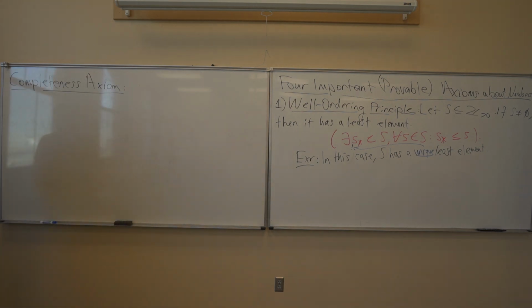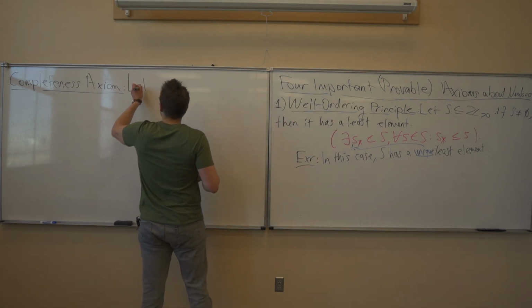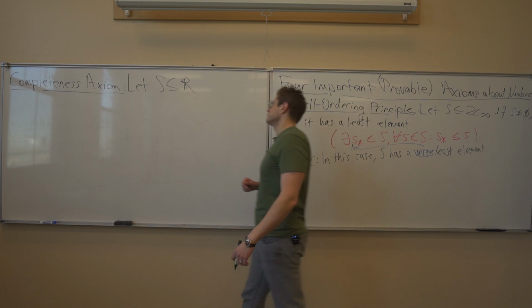So this is a formalization of the idea that the real numbers have no gaps, okay? But this notion of having no gap really is not a rigorous term. So what you say is the following. You take a subset of real numbers, let S be a subset.